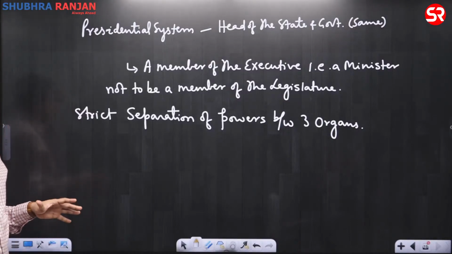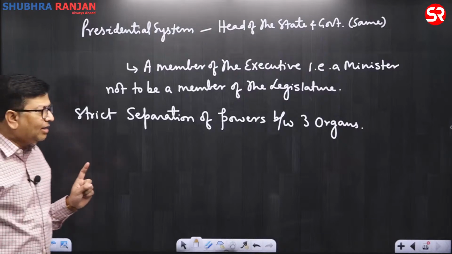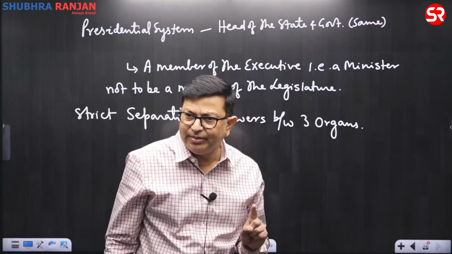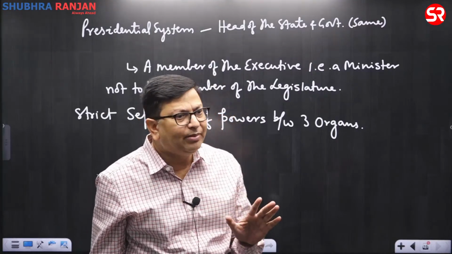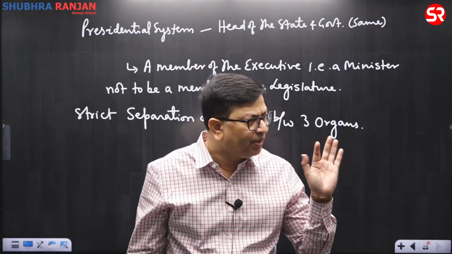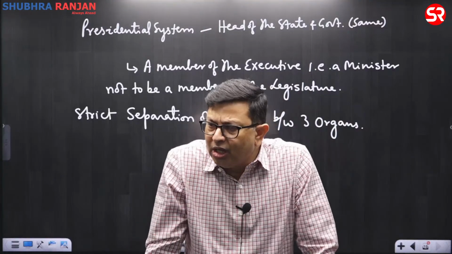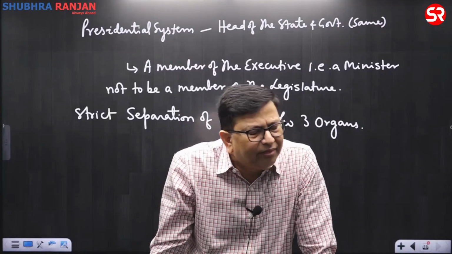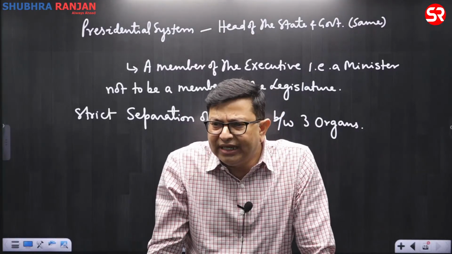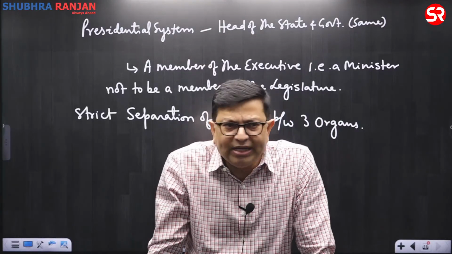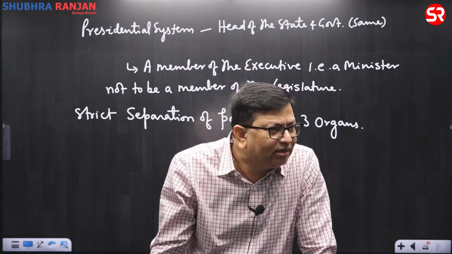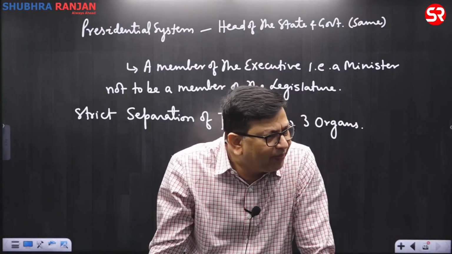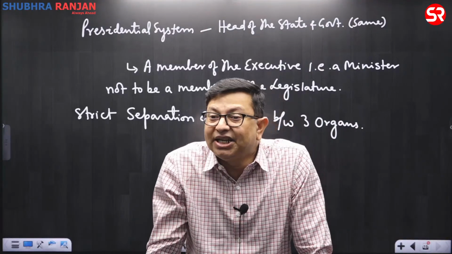So in America, basically the president as well as the other ministers, they are not to be the members of the legislature. For example, you see Donald Trump is now the president elect, and after he will take oath on 20th of January next year, he will constitute his own minister, we can say the council, and he will be appointing secretaries.